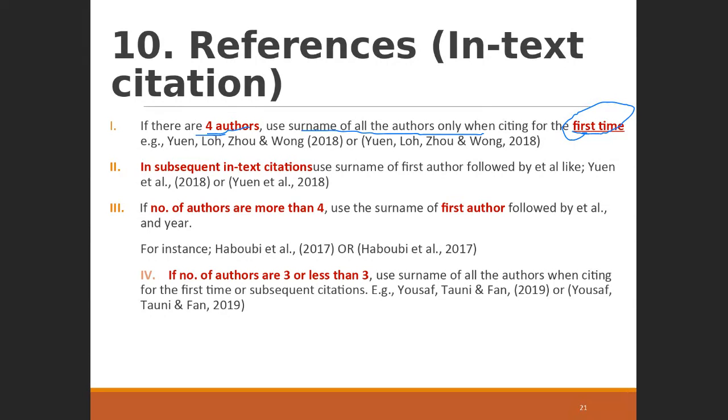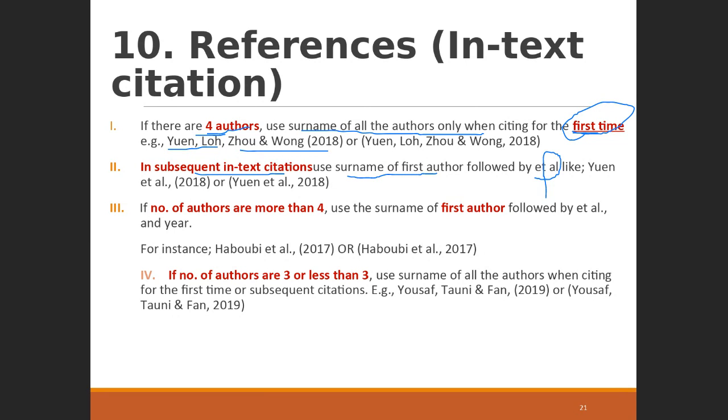For instance, these are the surnames of the authors, and we need to use all of them when citing for the first time. But in the subsequent citations, we can only use the surname of the first author followed by et al.